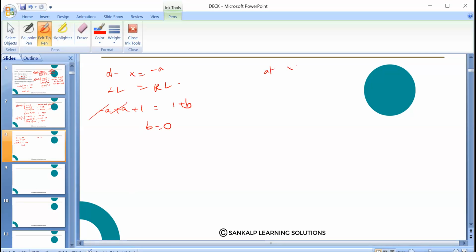Next, we'll see at x equal to 0. The left limit is a minus 1 whole square plus b. And right limit is 1 plus b.